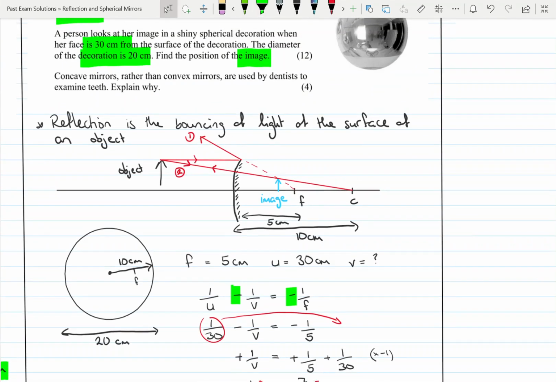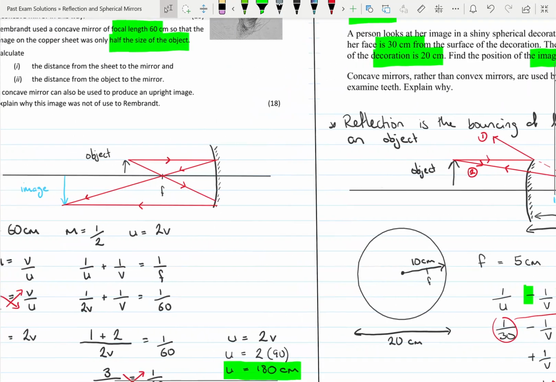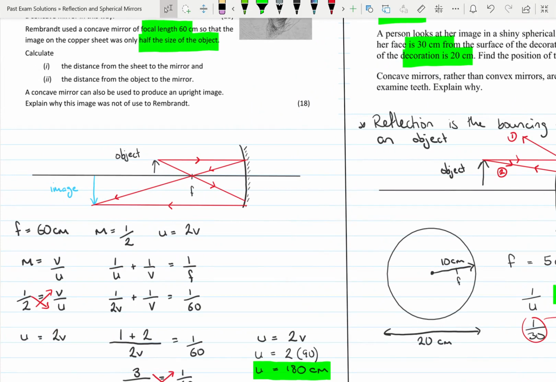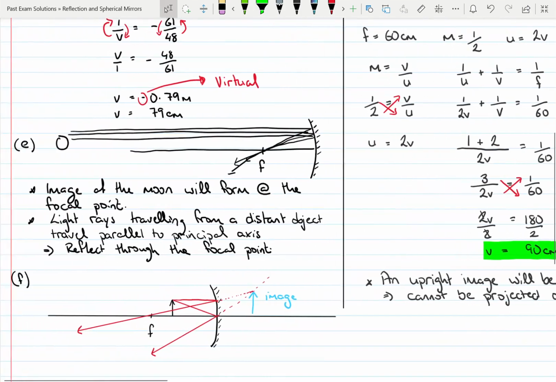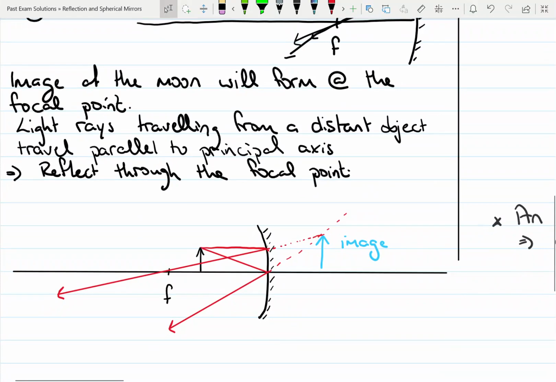For the final 4 marks, concave mirrors rather than convex mirrors are used by dentists to examine teeth. Explain why. Again, I'm going to go back to our previous diagram. If we have a look here, our first light ray diagram that we drew, we can see here's a concave mirror, and we can see we've got our object.